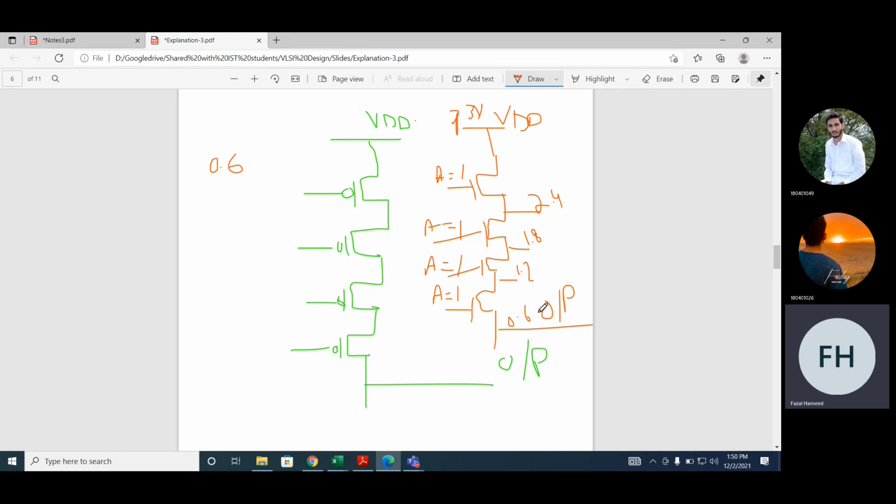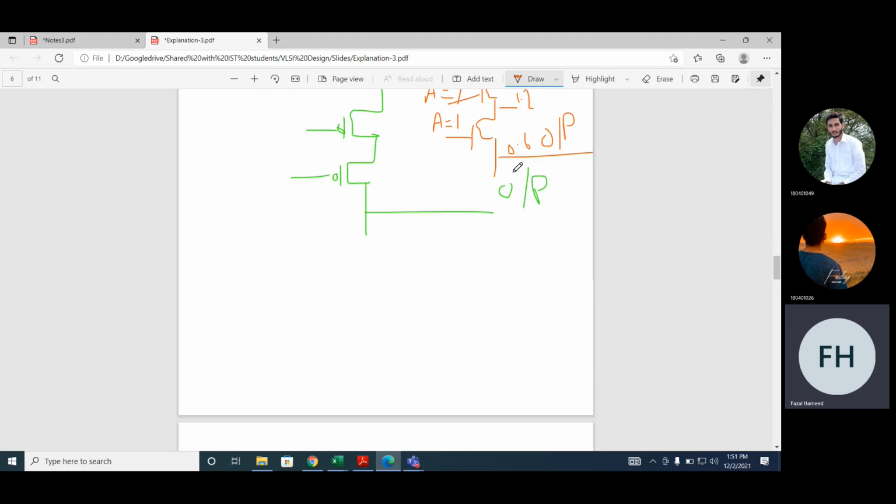The same is true for pull-down. If you are using PMOS in the pull-down network, then instead of the output being VDD, it will be 4 VTH. In this case, what will be the output? Because 4 transistors are connected in series, the output will be VDD minus 4 VTH, and at one point it will come to the ground level.